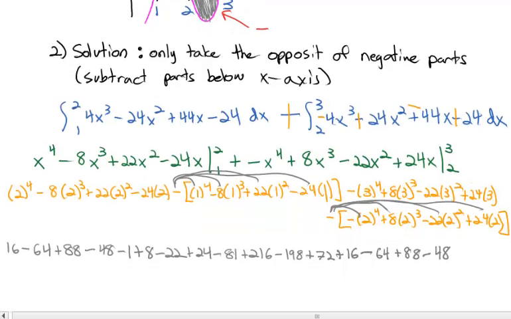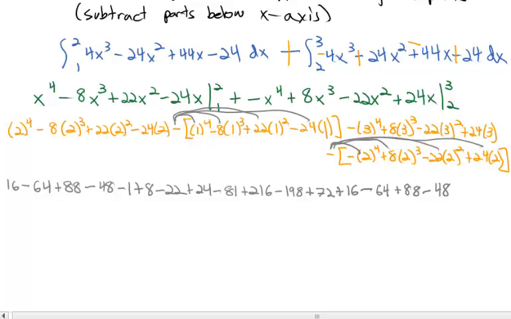And we get this long subtraction problem, but it's going to be our answer. 16 minus 64 plus 88 minus 48 minus 1 plus 8 minus 22 plus 24 minus 81 plus 216 minus 198 plus 72 plus 16 minus 64 plus 88 minus 48 equals a big 2.